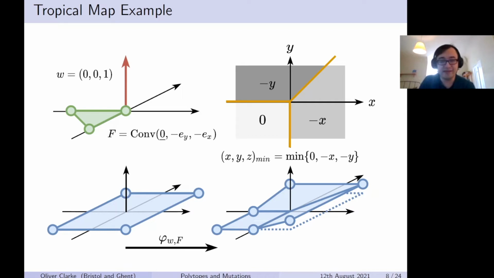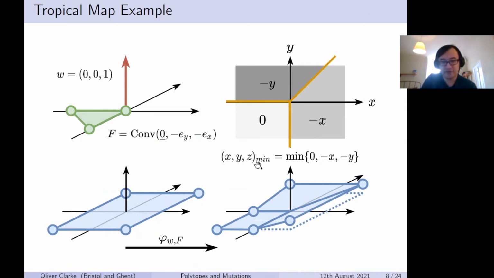So I can take any slice of 3-space and it looks the same. So in particular, if z is equal to 0, this is how x min looks. It's 0 in this bottom left quadrant, and it's minus y and minus x respectively. And so this picture might look familiar to you as a tropical line in R^2.